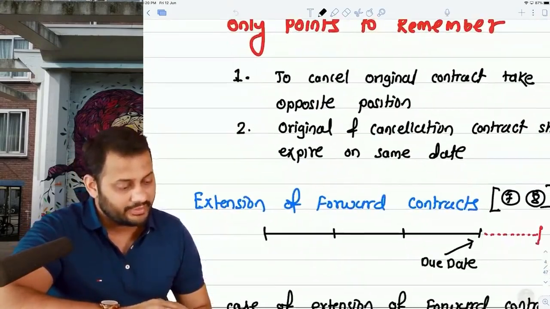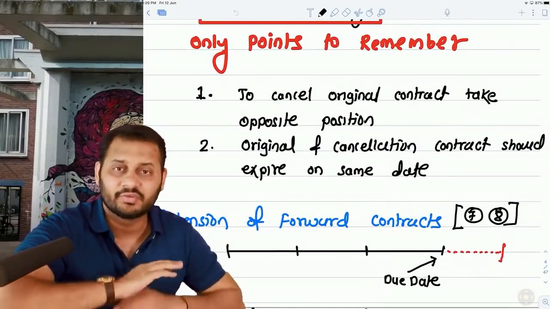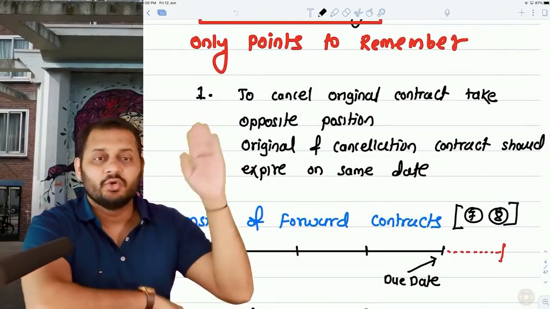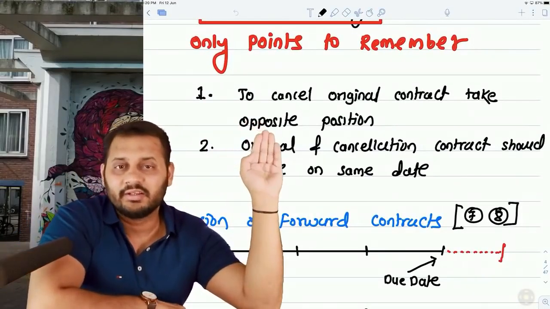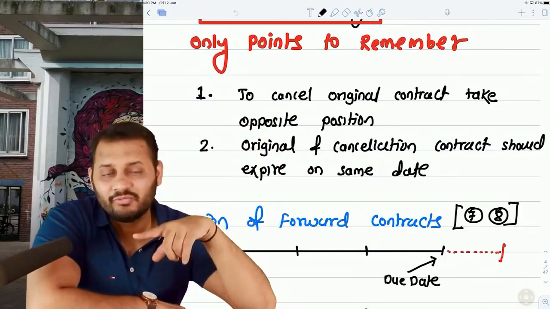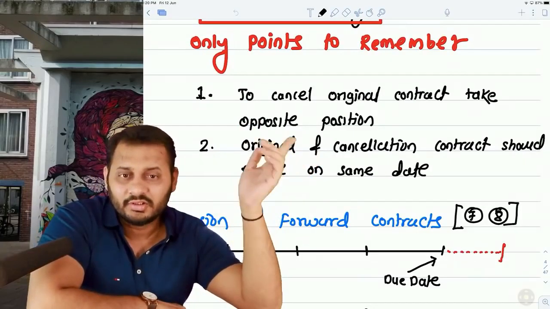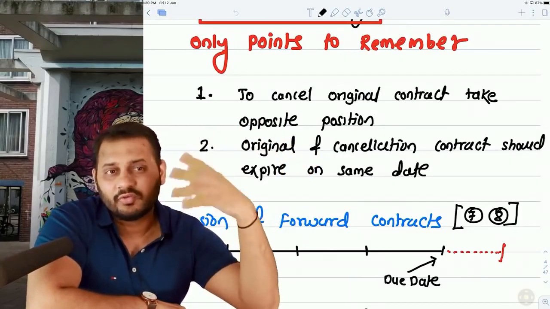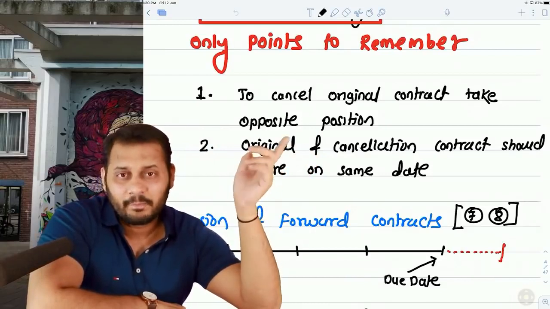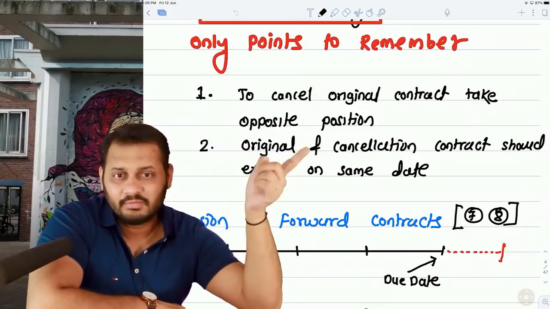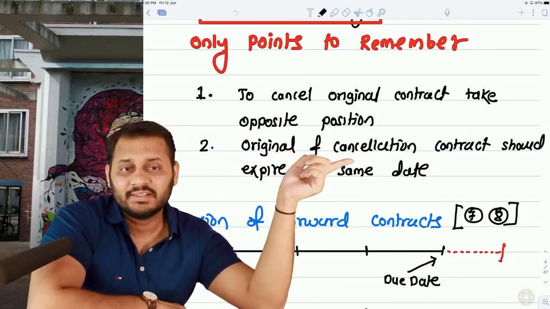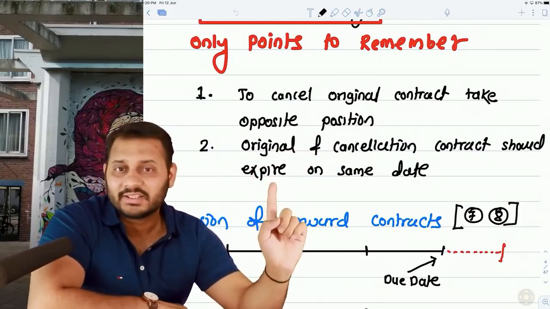The only points that we need to remember in case of cancellation are to cancel the original contract and take the opposite position. If you have a buy forward, take a sell forward. If you have a sell forward, take a buy forward. Original and cancellation contracts should expire on the same date.